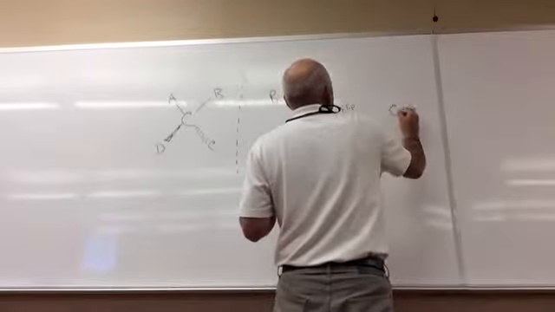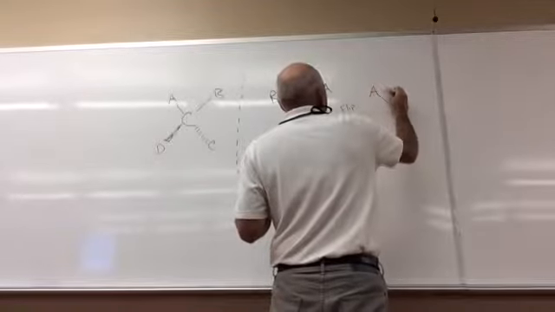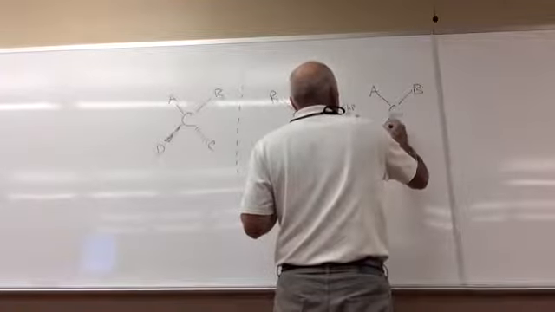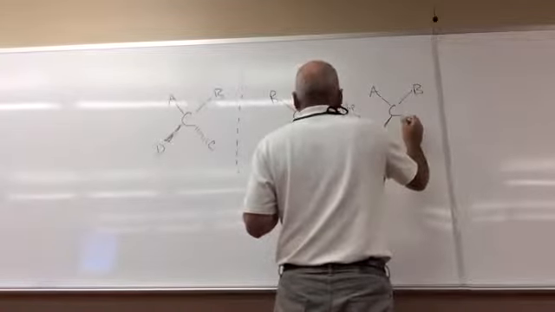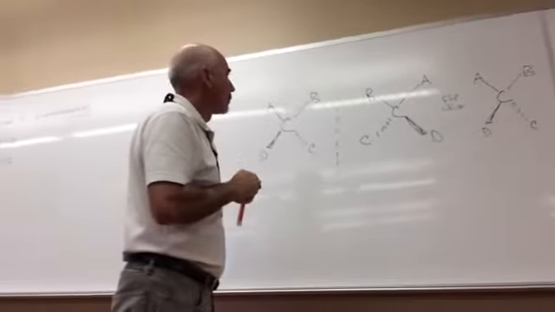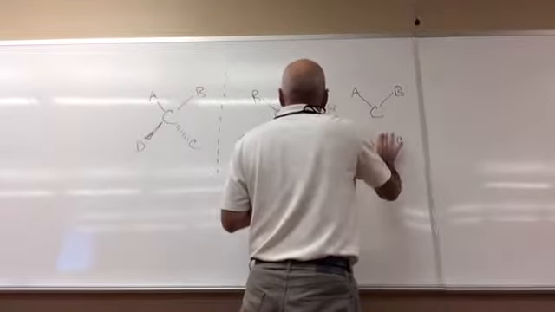Okay, so my A is over here now, my B is over here, but then this also flips. Okay. Did that also flip? No. I didn't flip. I messed that up.